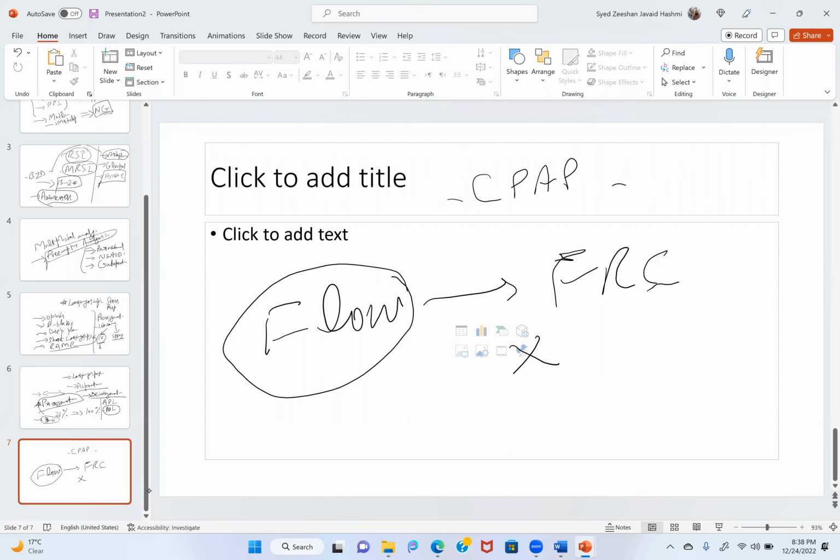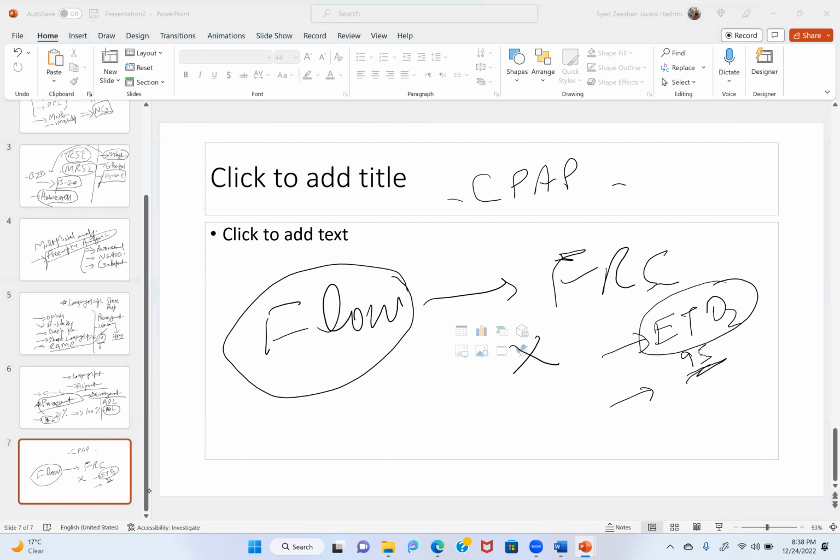And how will you come to know that you have given the pre-oxygenation? By end-tidal O2. End-tidal O2 more than 90%, or 95%, I'm not sure exactly. End-tidal O2 you will be monitoring with the agent analyzer, and what else? End-tidal nitrogen.